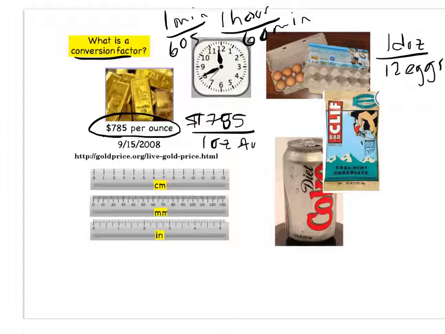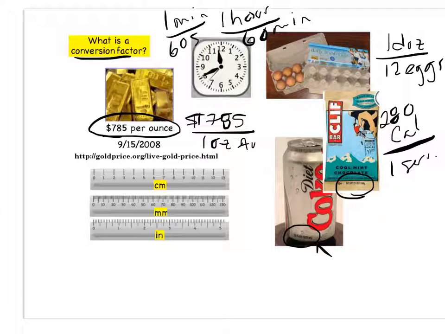Or when we think about food, in this case it's showing us ounces per gram, or we could talk about calories per 1 serving. Maybe this has 280 calories for 1 serving. Same thing here, and we can even see here that it's showing us fluid ounces per mL.